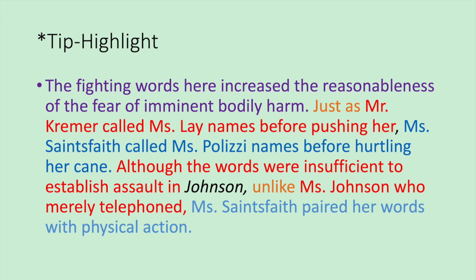So here we see the significance. Actually, we see the word indicating similarity, just as. Then we see the significance is actually before that. I guess I got the animation a little bit reversed. So the significance is in purple there. And then just as we have in orange. Then in red, we've got the facts from the authority case.